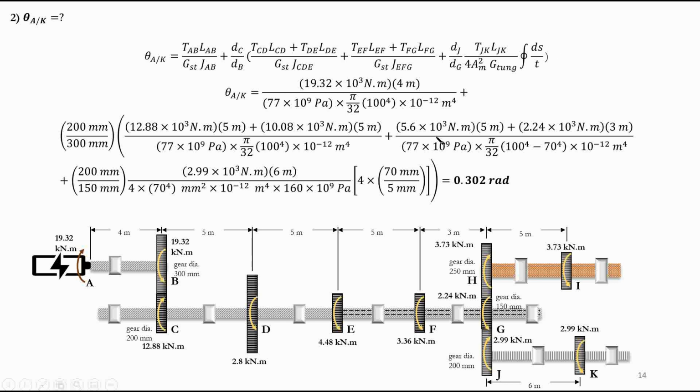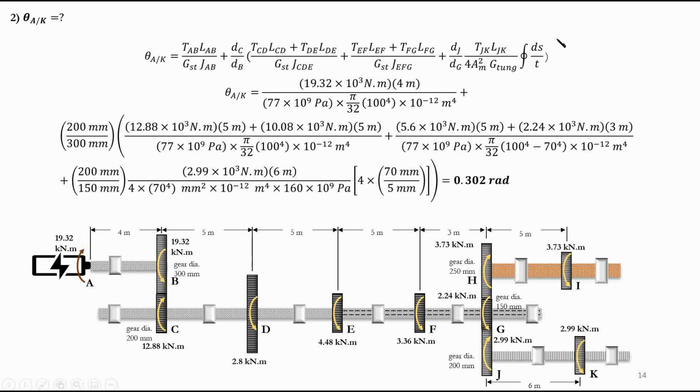Each side of the median was 70 millimeters, divided by t, the thickness of each side, which was 5 millimeters. So for one of the sides we have 70 divided by 5, the other side again 70 divided by 5, and so on. This is a square section, so we have 4 times 70 divided by 5.